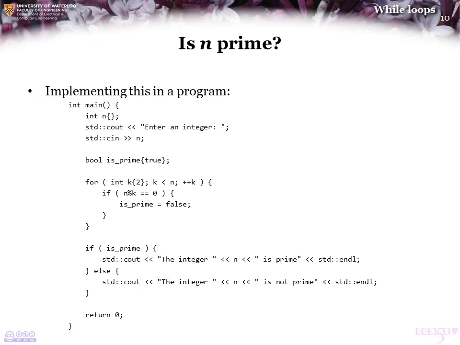So this program will test if n is divisible by k for every value of k going from 2 to n minus 1. If it is ever found that n is divisible by such a k, then we will set the local variable isPrime equal to false, and at the end of this for loop, if we never updated the local variable isPrime, then the integer n must have been prime.